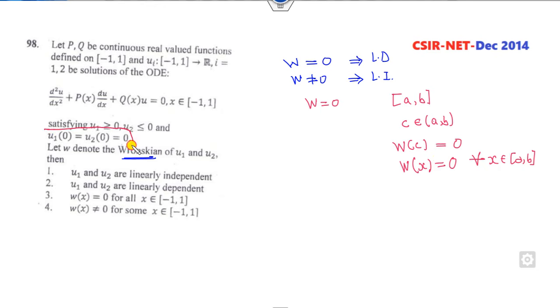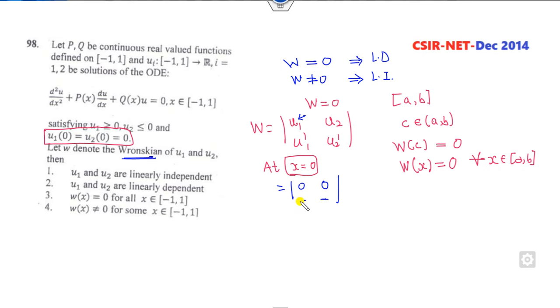Now you can see here, how can you define the Wronskian, u1, u2, and here. Now at the point x equal to 0, what is the meaning of x equal to 0? This value will be 0, this is 0, whatever the non-zero values or the 0 value, the Wronskian is 0. And you can see 0 belongs to minus 1 to plus 1.